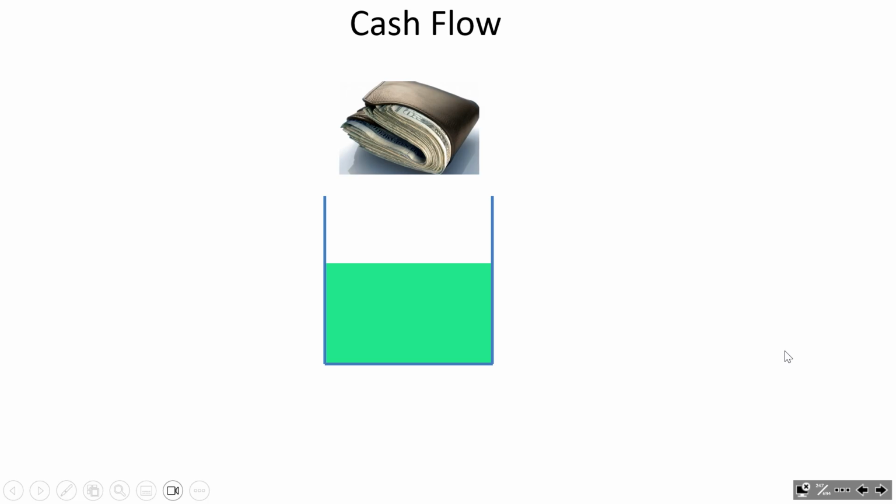One of the points I like to make for the project is that when you save money, it's kind of like water coming into a tank. In environmental engineering, which is my background, you can have reactions inside of the tank, it could be a chemical reaction or a biological reaction, but in finance, the analogy is that you have money coming in to your investments and expenses are drawing down the value of your savings.